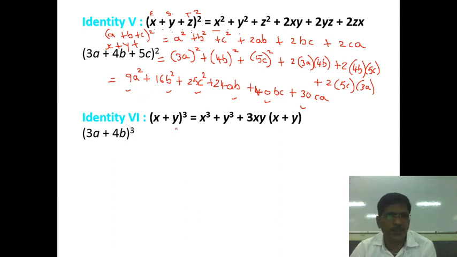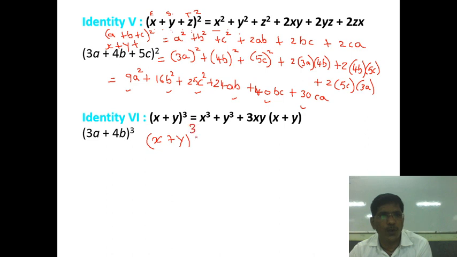Now (x plus y) whole cube, the sixth identity. So first of all I have to remember the identity. How can I remember it? I am writing it here and explaining it. (x plus y) whole cube. So how do I remember it again? That is x cube plus y cube.